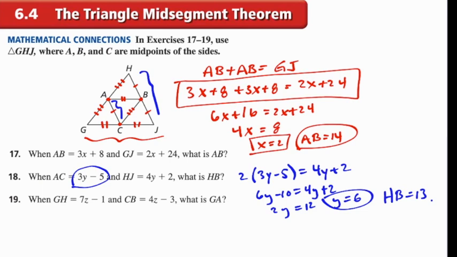And again, if you want, you can pause here, try the next one on your own, and then unpause. GH is the whole side of the triangle. CB is the midsegment, which is equal to half of GH. So I need to count for CB twice.